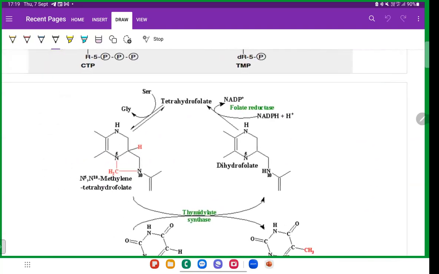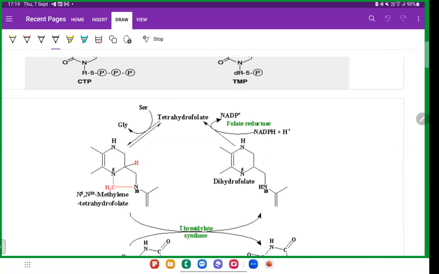But this is where they put a twist. Do you want to see the twist? Yes. So for the activation of your thymine, what do you need? Thymidylate synthetase. You need thymidylate synthetase. Isn't it?